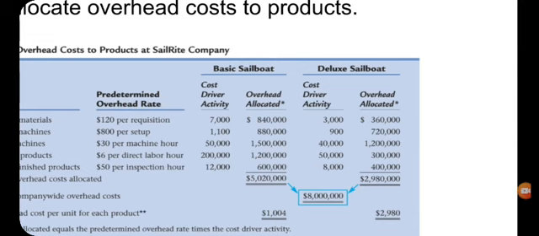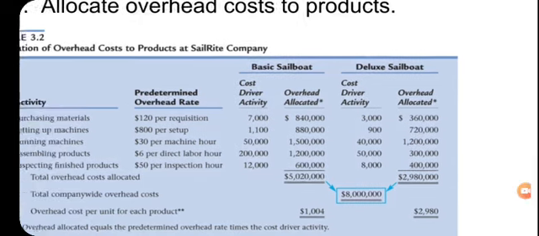So how to calculate the overhead allocated? $120 times 7,000. You will get 840,000. For the deluxe sailboat, the cost driver is 3,000 requisitions. So how to calculate the overhead allocated? $120 times 3,000 requisitions. You will get 360,000.